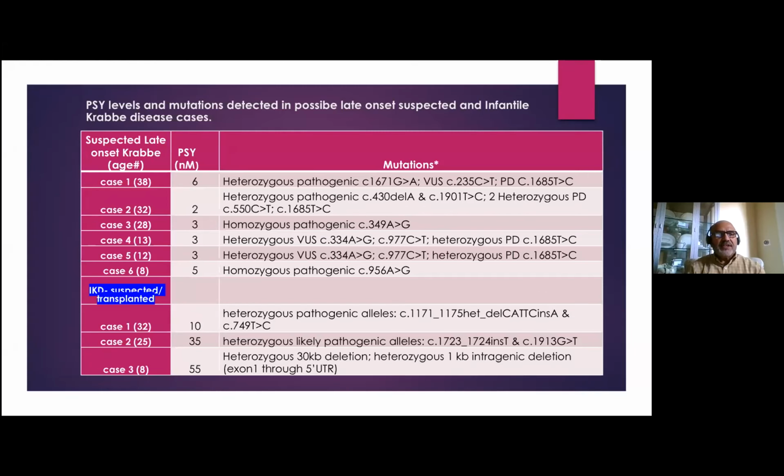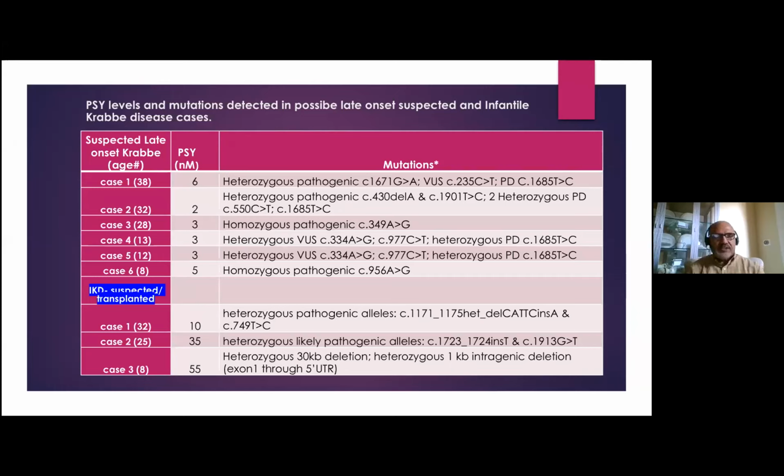Here I have described the details of late onset suspected cases and infantile Krabbe suspected cases. In the first category, we had psychosine level greater than 2 and less than X, and none of these have developed disease until this time. In the next category of 3 cases, psychosine level was elevated.